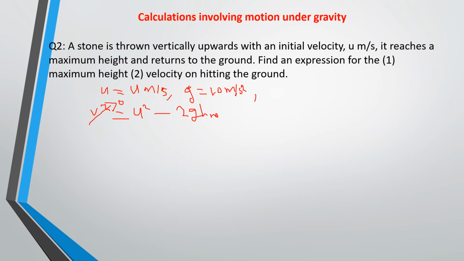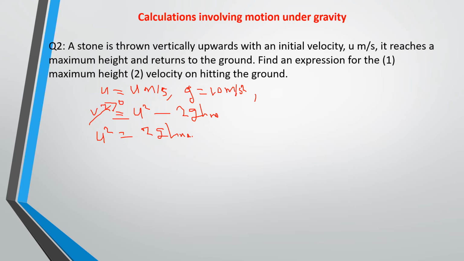So you can rewrite this equation as u squared equals 2g h max.